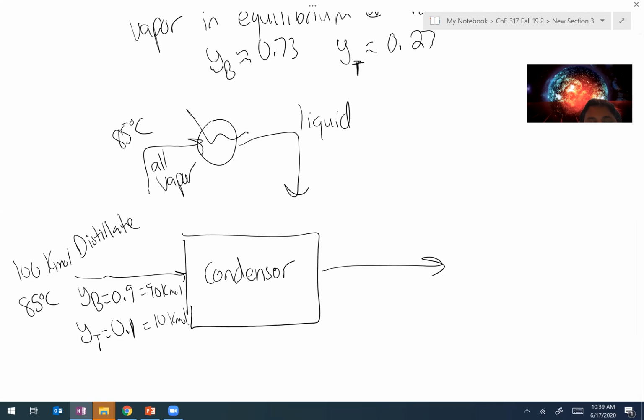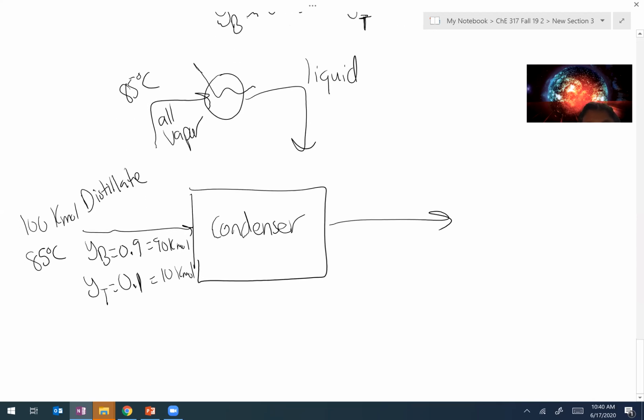So if I condense that, what's going to be the flow rate leaving the process if I assume it's steady state? So what is YB and YT on this side?